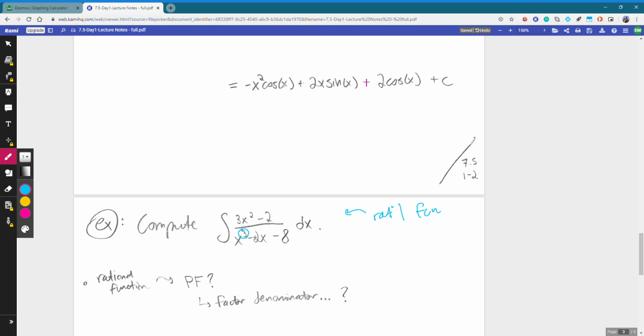And that's not something that we know how to associate terms to. For partial fractions, we want to factor everything into linear and irreducible quadratic terms, or quadratic factors.